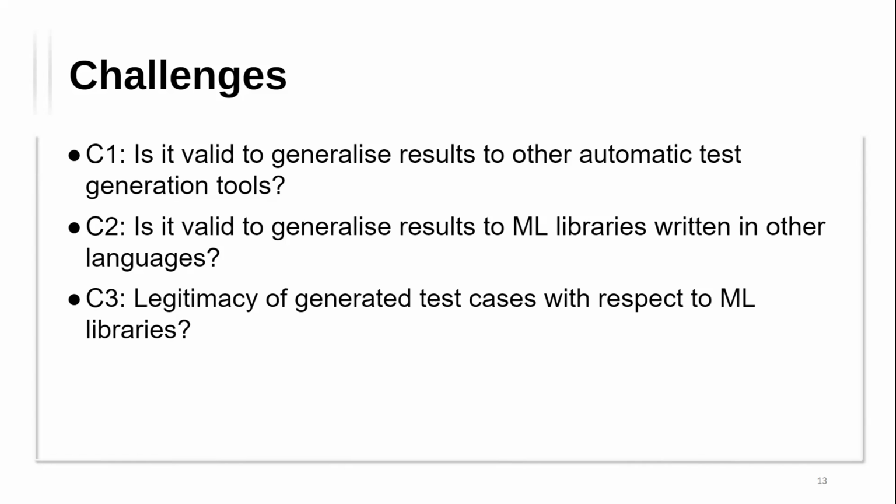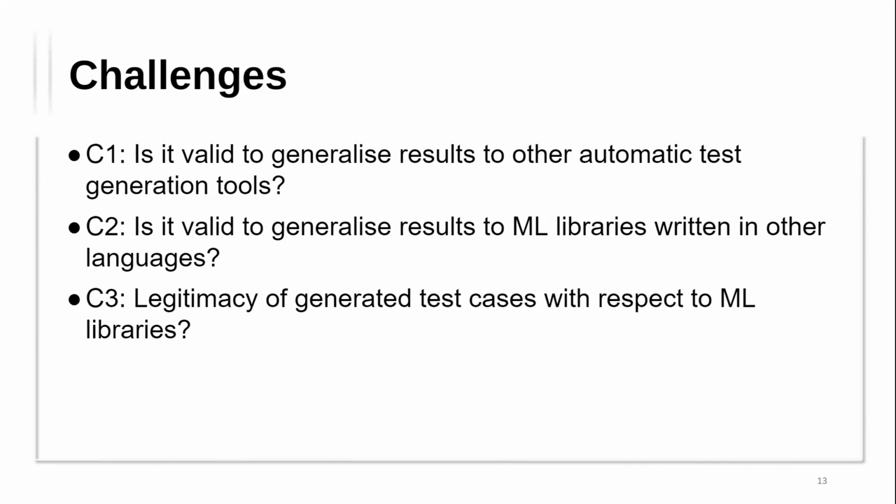Okay. Yeah. And intuitively speaking, all the answers are supposed to be no, right? As in, the authors provide some arguments for why they believe these challenges don't threaten the validity of the paper, but intuitively these could be the 3 questions that you ask about the results first.